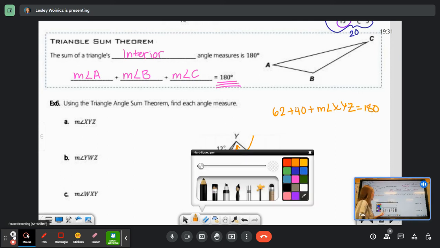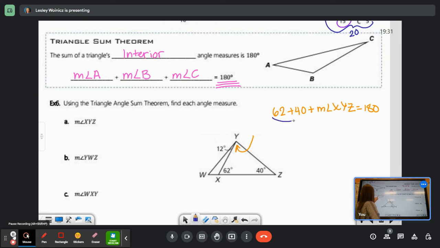I've got like terms to combine. I think that's 102. 102 plus the measure of angle XYZ is 180. Subtract 102 from 180. I'm getting 78 in my brain. So 78 degrees. Right? 102 plus 78 is 180. Yeah, that's right.